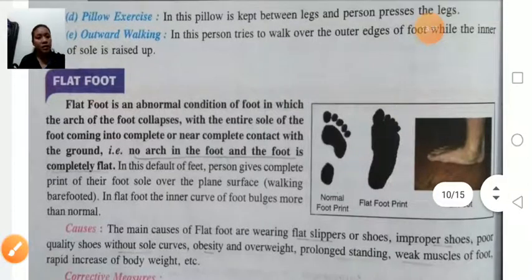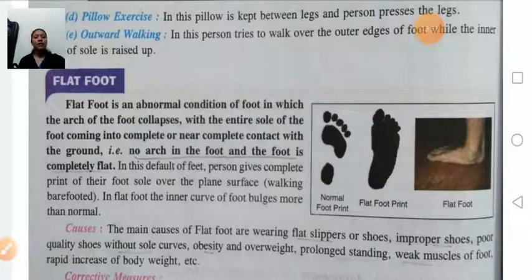Next is flat foot. Flat foot is an abnormal condition of the foot in which the arch of the foot collapses, with the entire sole of the foot coming into complete or near complete contact with the ground.